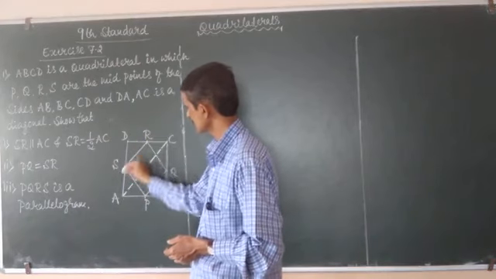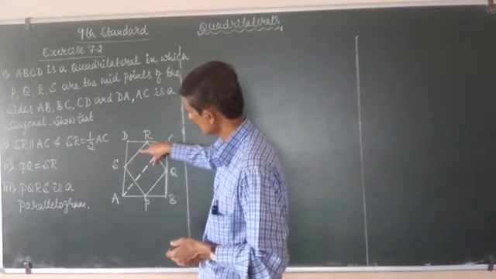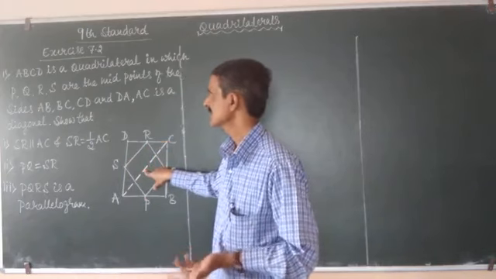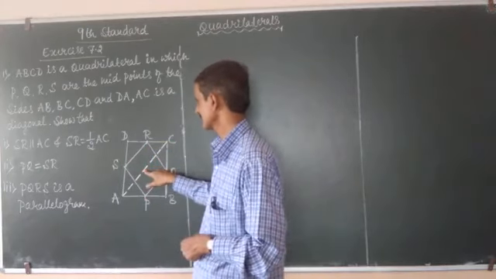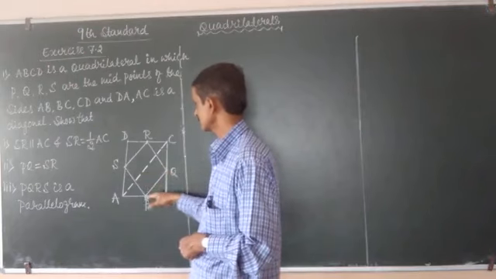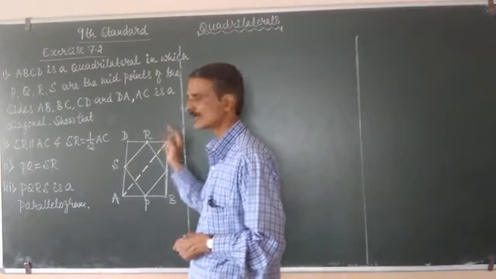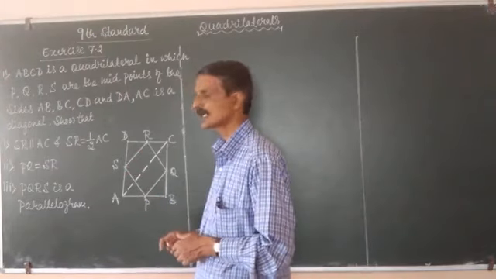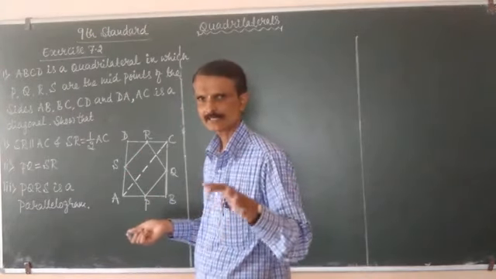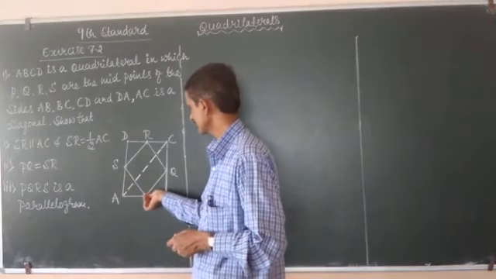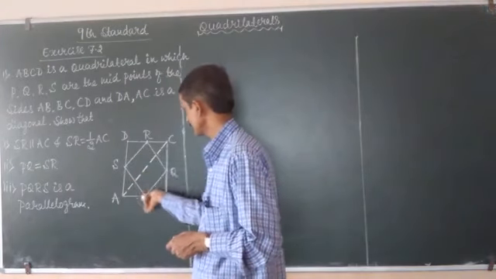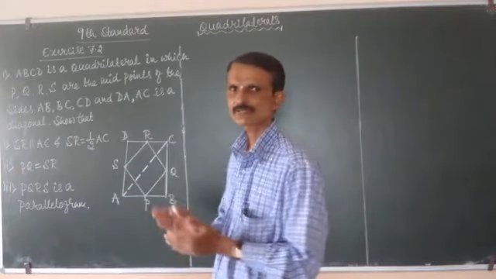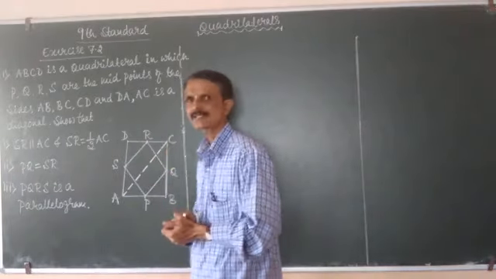Second, the length of PQ is equal to the length of SR, so these two sides are equal. And lastly, we have to prove that PQRS is a parallelogram. Now students, we will move on step by step.